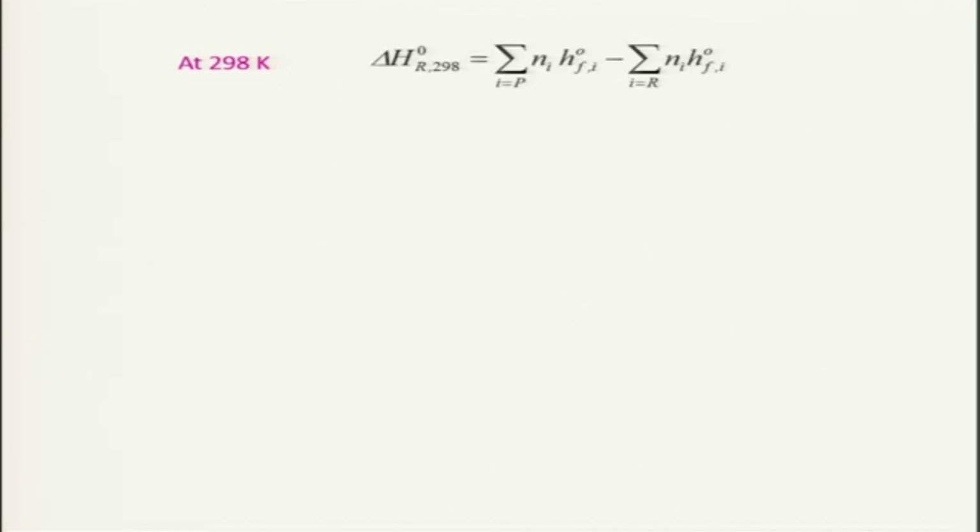At 298 Kelvin we know that the heat of reaction is equal to the summation of Ni Hf,i for the product minus the summation of Ni Hf,i for the reactant.